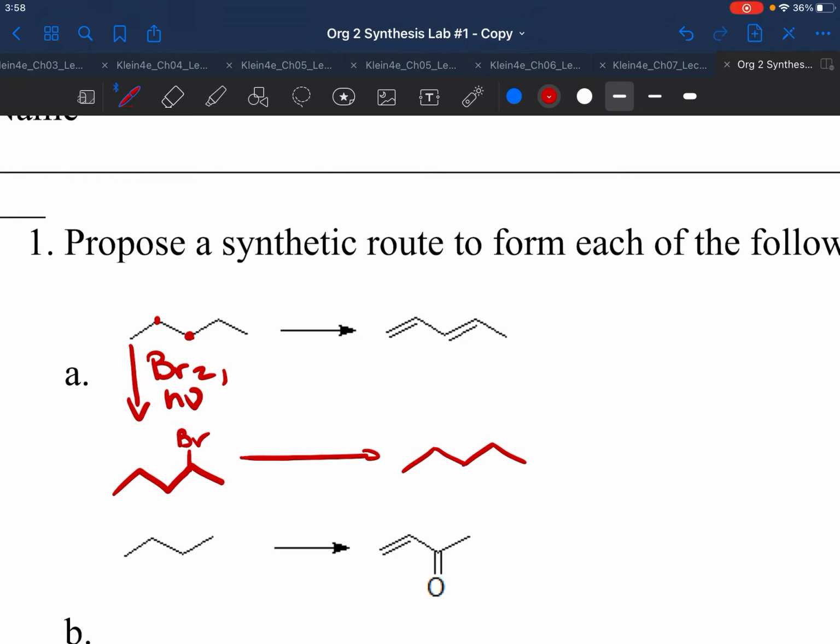Now, sometimes you will work yourself into a corner and you have to backtrack. But this problem has several correct answers. So let's just say I want to make the Hoffman product. Well, how can I make the Hoffman product? I need a bulky base.